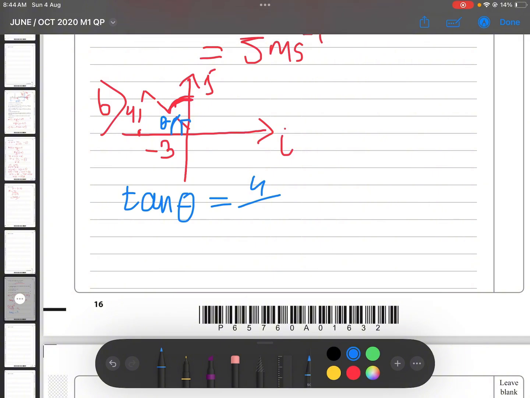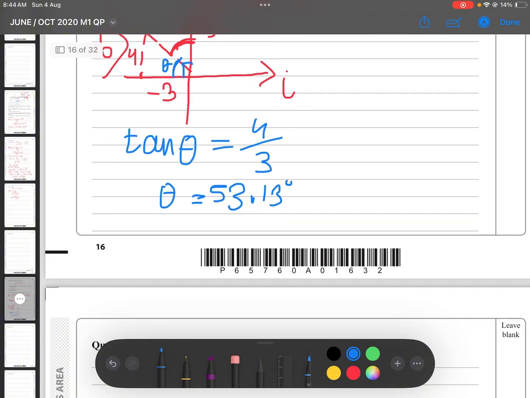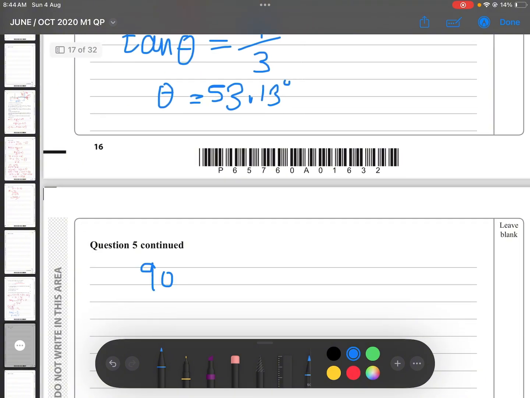You're not going to include minus 3 when taking the angle. This is my way actually. I usually consider it always positive. Or even if it's minus 3, I'm going to take it as positive. And so you will get theta is going to be equal to 53.13 degrees. So 90 minus 53.13 is equal to around 37 degrees. And so that is our answer.